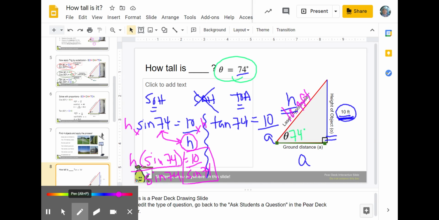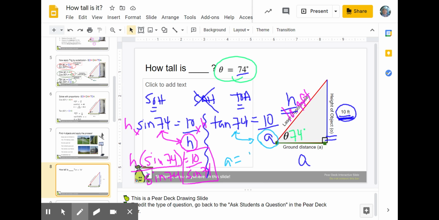So if we remember that when I have a variable on the bottom, these two things just switch places. So A equals 10 divided by tangent 74. I go back to my Desmos calculator and I do 10 divided by, go to my button, find tangent, and 74. 2.867.